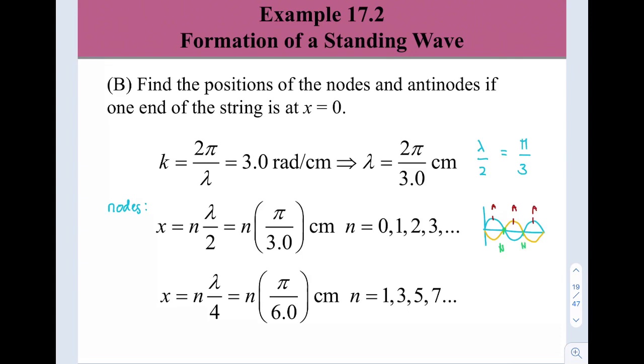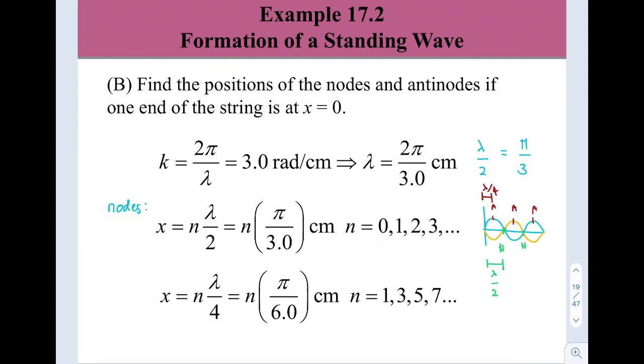So from here to this point, it's lambda over 2. And from here to this antinode is lambda over 4. So for nodes, x is equal to n lambda over 2, and lambda over 2 is equal to pi over 3. So substitute it here and you will get n. The order of n is 0, 1, 2, 3 and so on.